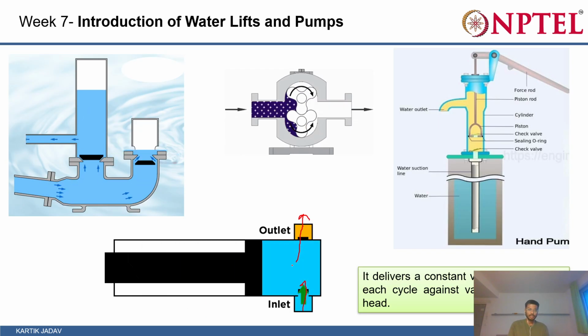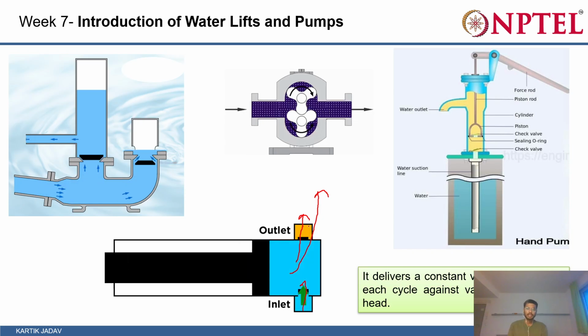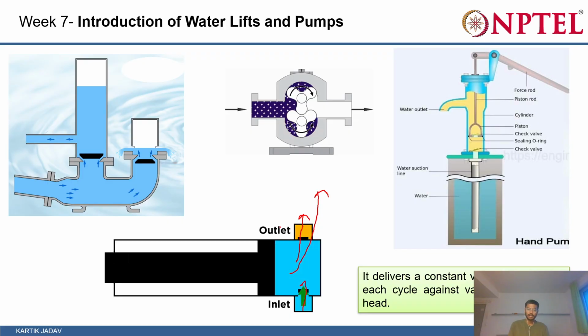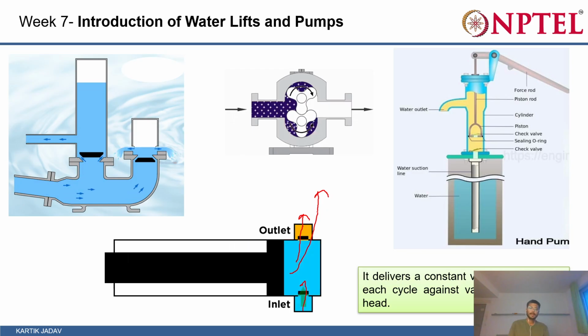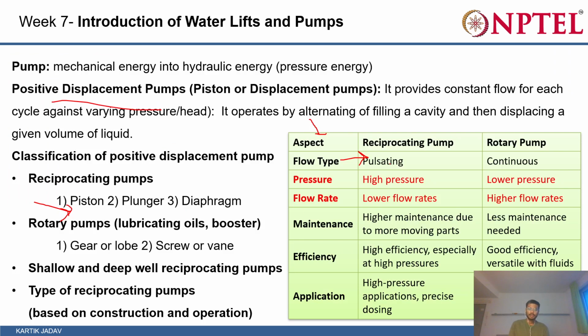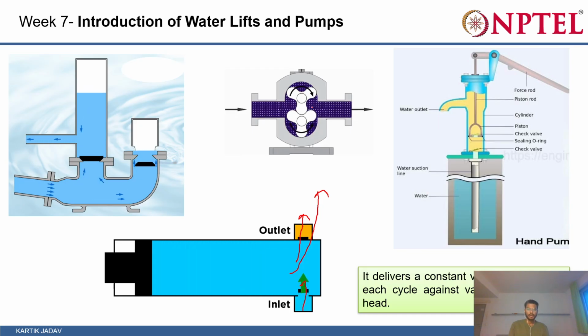So it is not that water is continuously going outside during each stroke; it is not a continuous process. It is a pulsating process. It is one of the major differences from the rotary pump. In the case of the rotary pump, we have a continuous discharge. Okay, this you can see, this is the rotary pump.